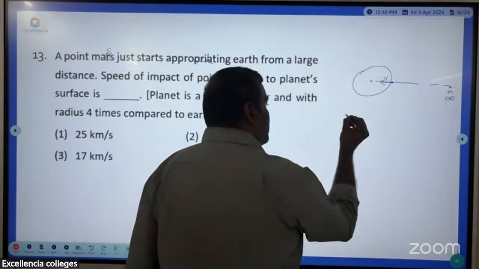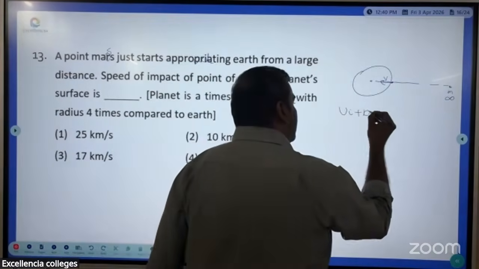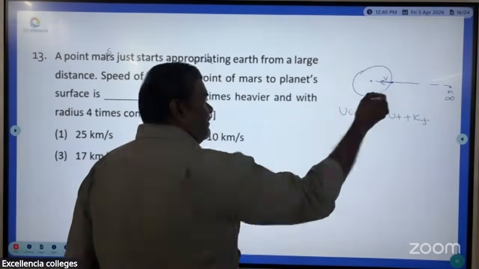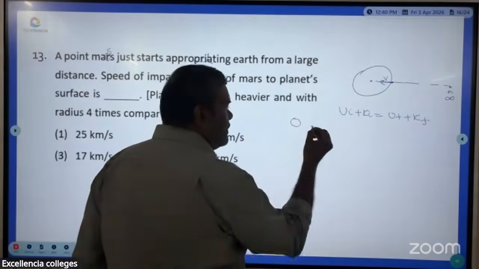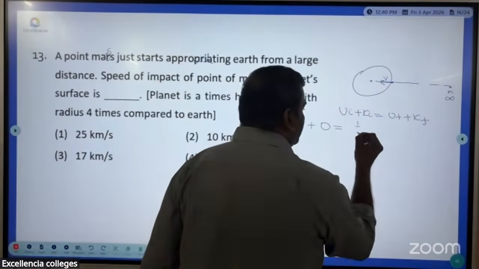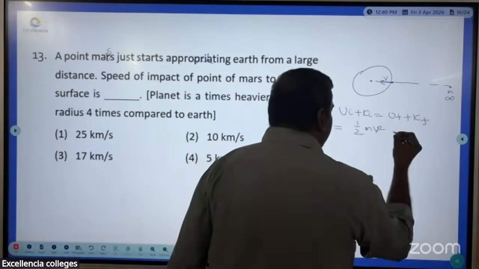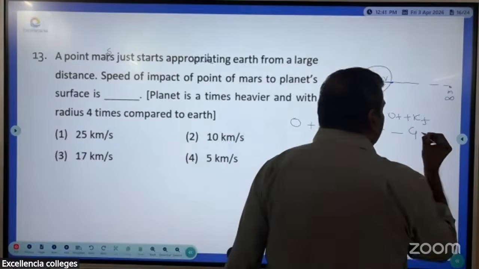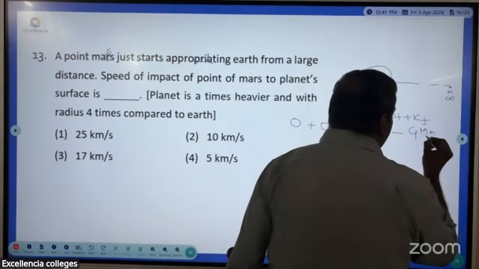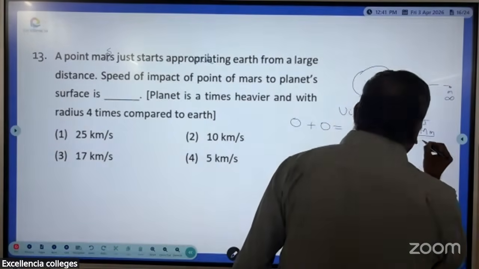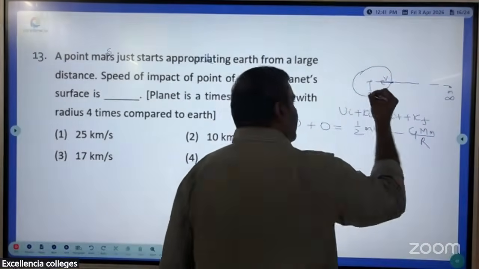So we can apply the law of conservation of mechanical energy. Simplify this. So ऐसा करते हैं. Initially at infinity, so potential energy is 0. Initial kinetic energy also is 0. Final kinetic energy is going to become half mv square, and final potential energy is going to become minus G into capital M into small m by r, radius r, because it goes to the surface.